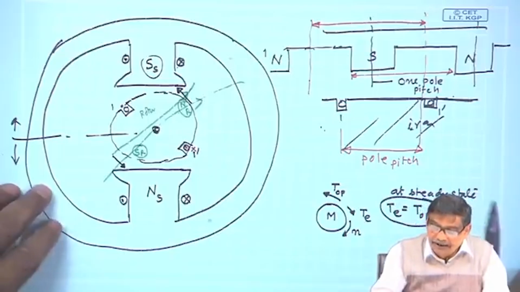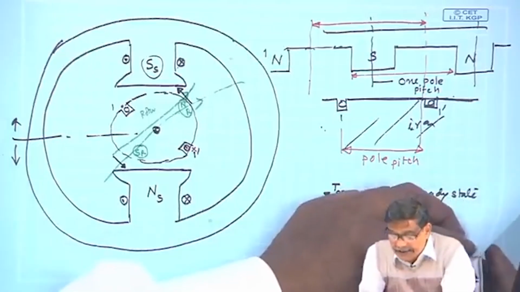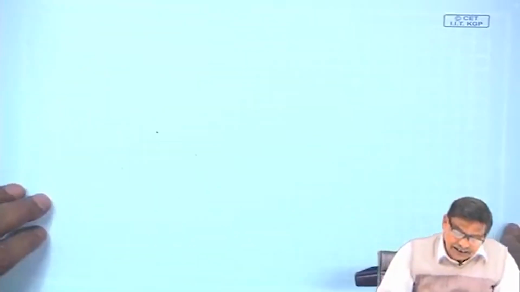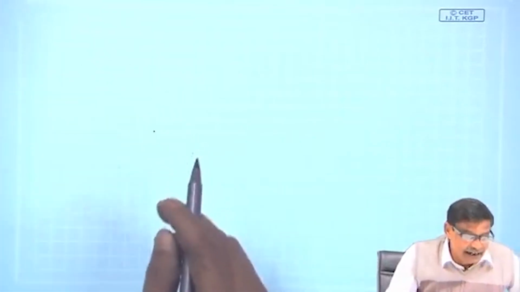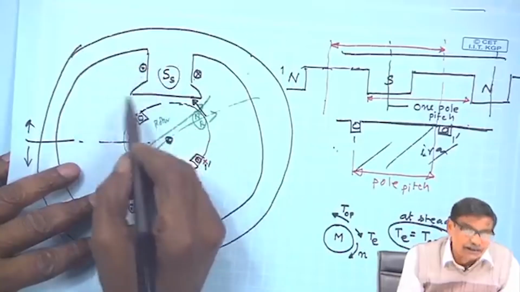Acha, now I will produce a slightly neat diagram. For example, you can now think that the stator, I have till now shown some projected poles, but I can make a stator like this.